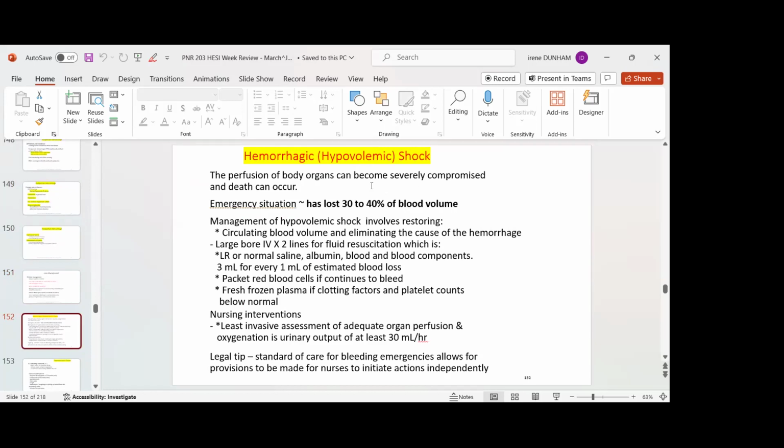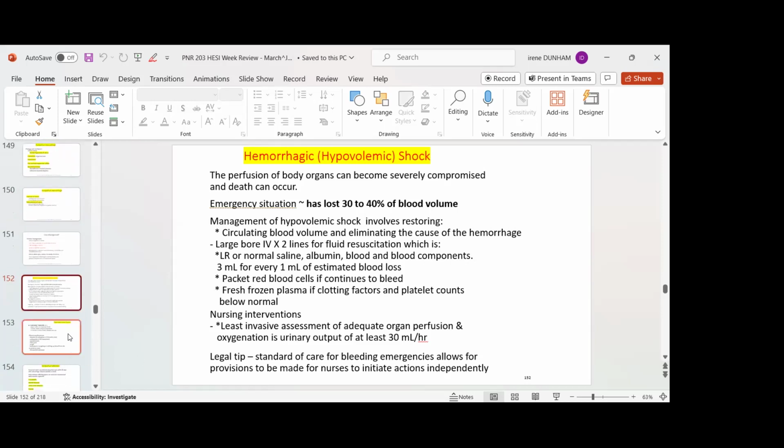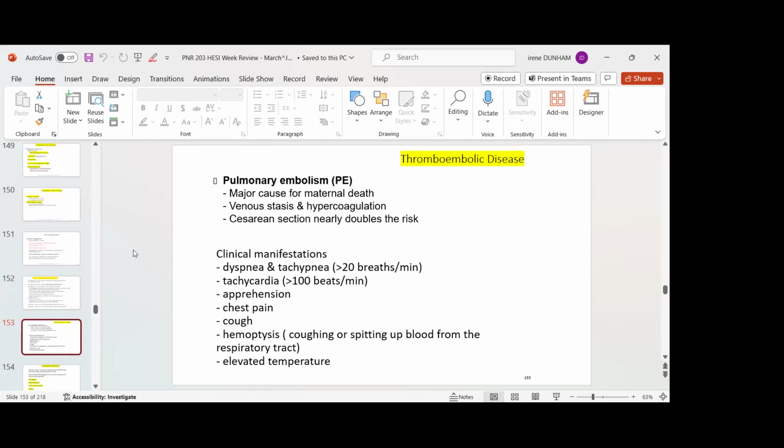So you have to be aware that your patient can go into shock. This could be a good question for HESI: if she has a severe blood loss and she needs blood, make sure you get a consent form for blood, and that it is not against her religion.